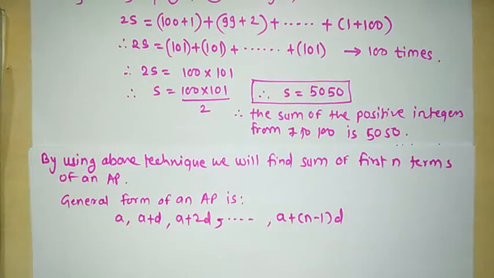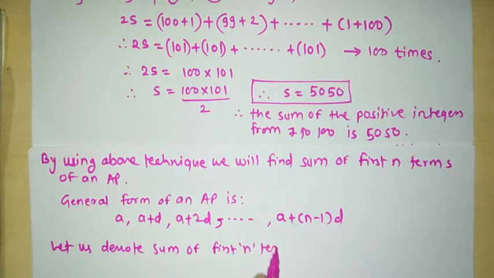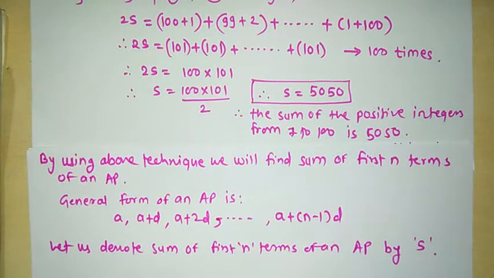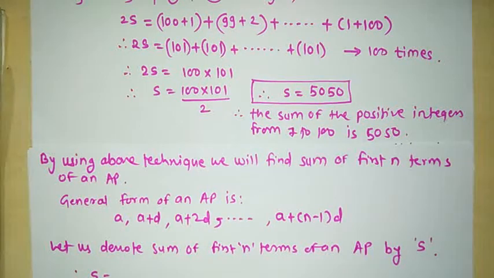Now see, friends, after this we have to find the sum of the first n terms. For that we have to add all these terms. Let us denote the sum of the first n terms of an AP by the letter S. Therefore, S is equal to the sum of all the terms.